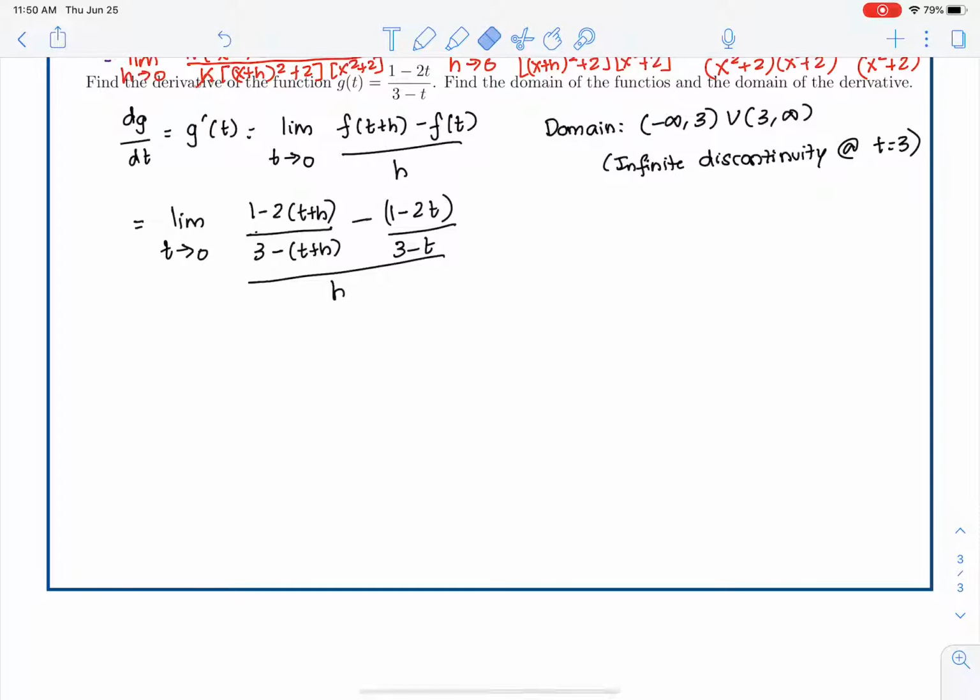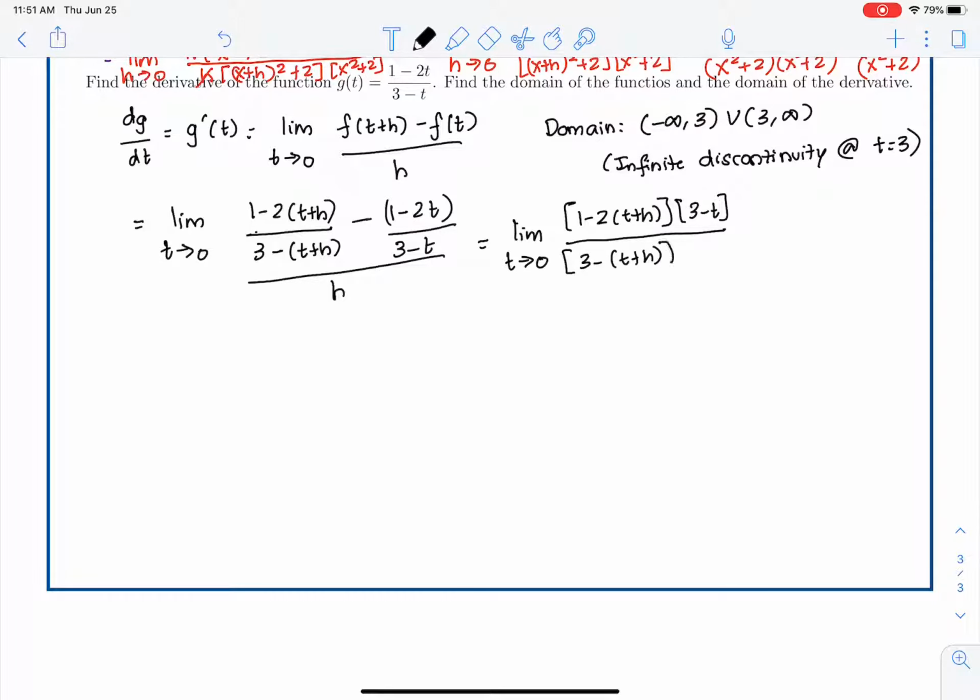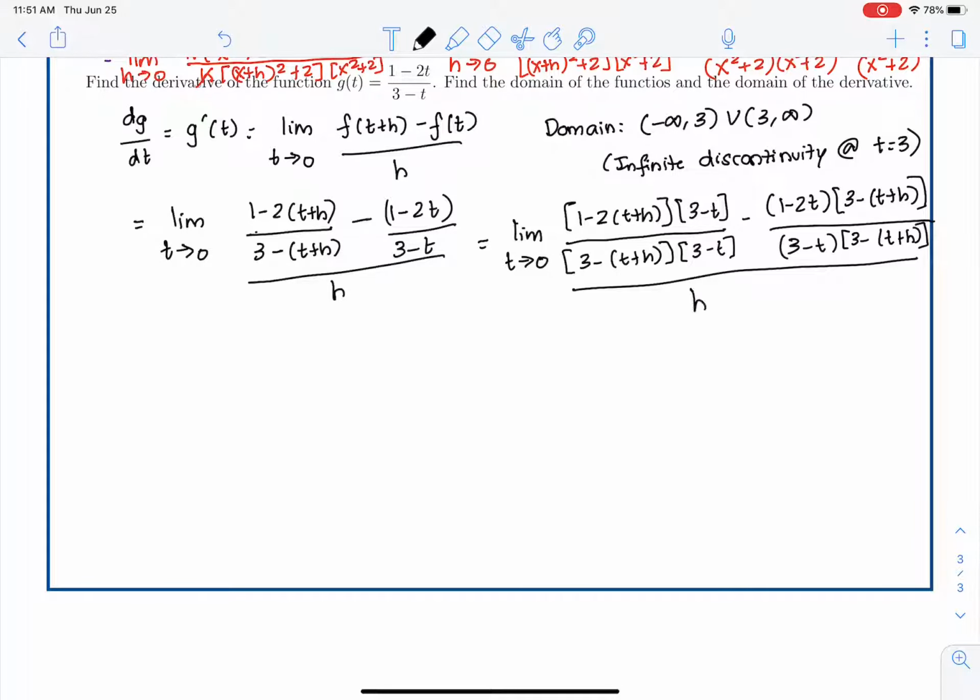We need a common denominator. So I'm going to multiply and divide the first fraction by 3 minus t, and I'm going to multiply and divide the second fraction by 3 minus t plus h, and divide the entire thing by h.